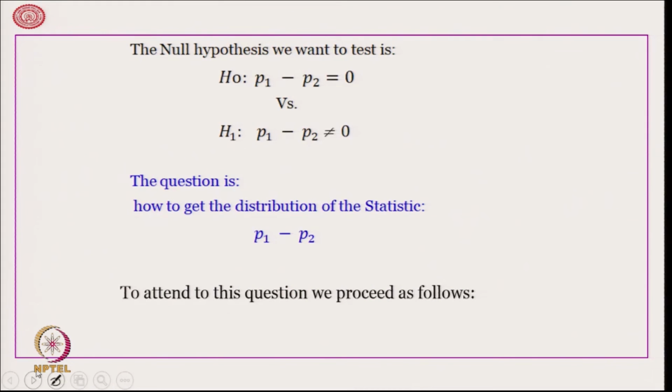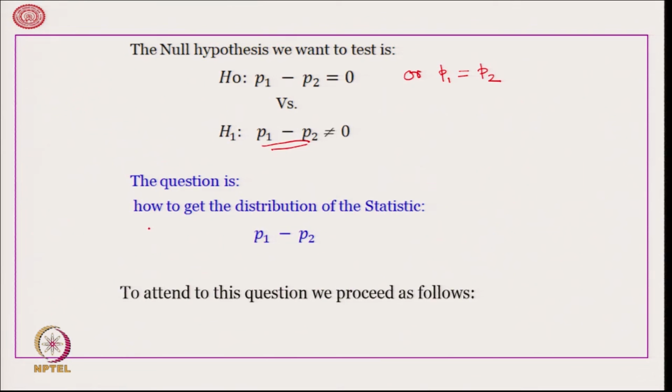Now, we want to test if P 1 minus P 2 is equal to 0, that is P 1 is equal to P 2, that is the proportion as per the distribution these two should be equal, versus P 1 minus P 2 is not equal to 0, that is they are unequal.